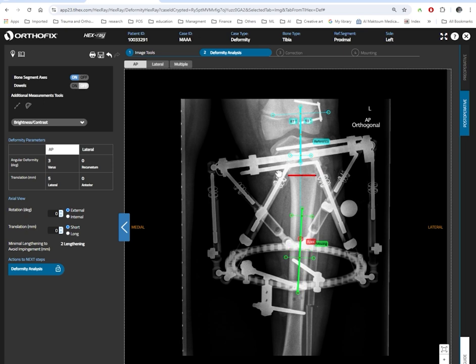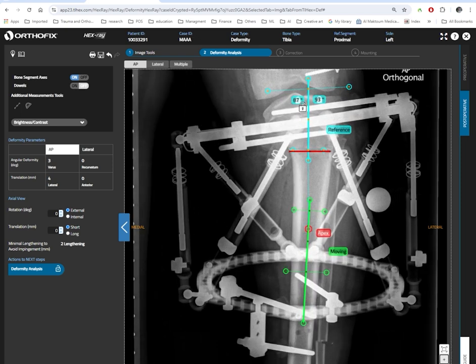However, the proximal segment is a metaphysis, and it's really difficult to use the line in the middle. Sometimes it's difficult for us to identify the middle of the bone. So we have to use the joint surface line. As you can see, it's set for 87 degrees, 93, which is the normal angle for the joint surface line of the proximal tibia. So I'm going to move this one to sit on the surface lines.